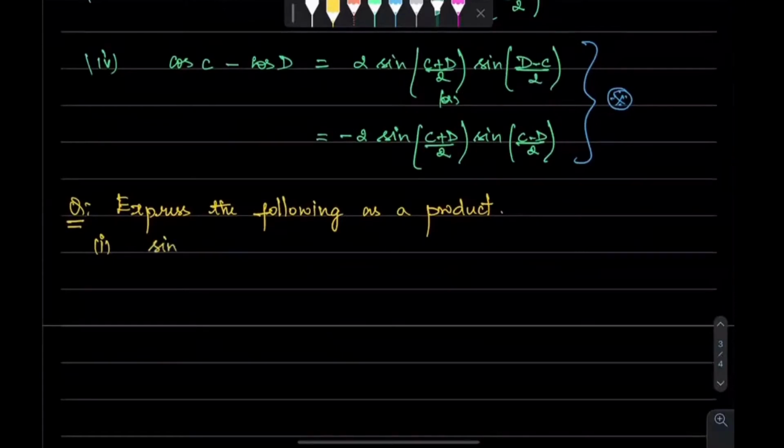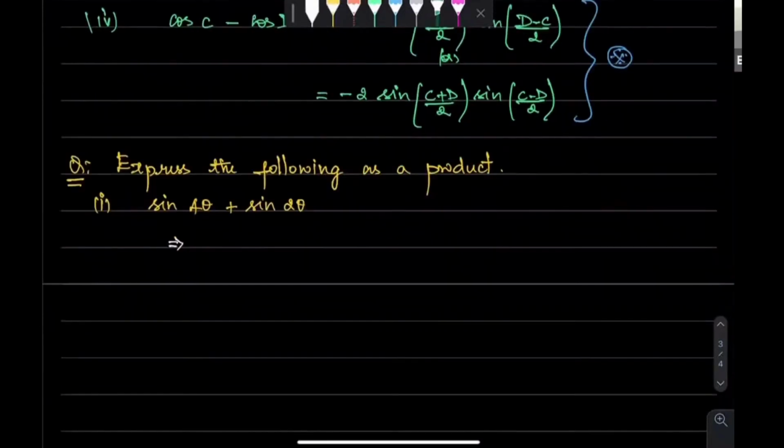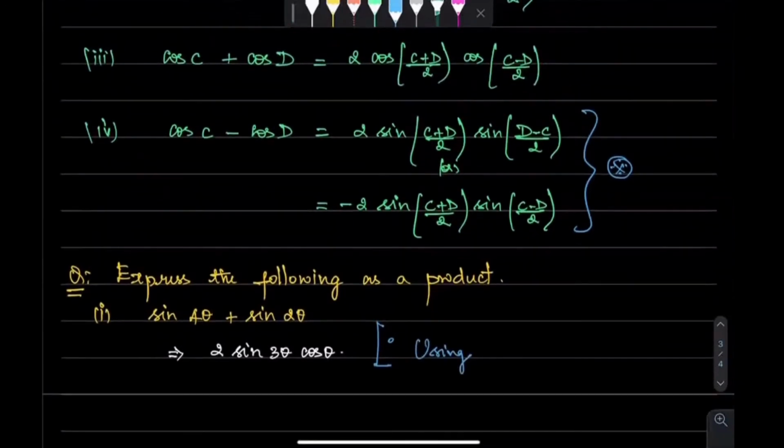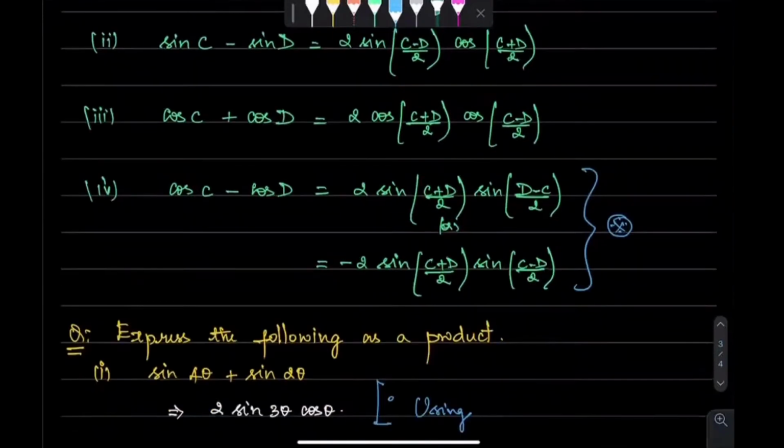Sin 4 theta plus sin 2 theta. Tell me the answer. Good. 2 sin 3 theta cos theta. What did we use here? The first formula, sin C plus sin D.